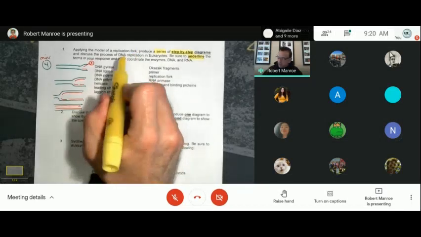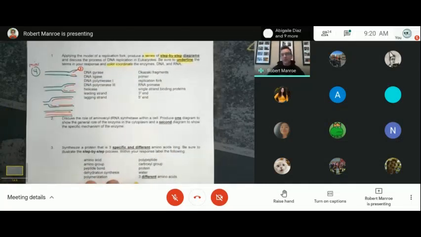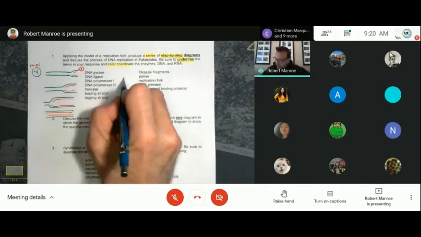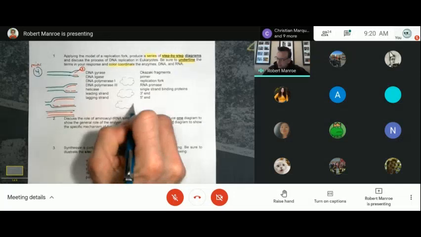Now, for the color coordination, since you are creating your own diagrams, if we were in class, I would hand you a box of crayons, right? Some of you have crayons, some of you have highlighters, some of you don't. That's totally cool, okay? Even if you have a pencil, then take your enzymes and put different patterns in them, right?